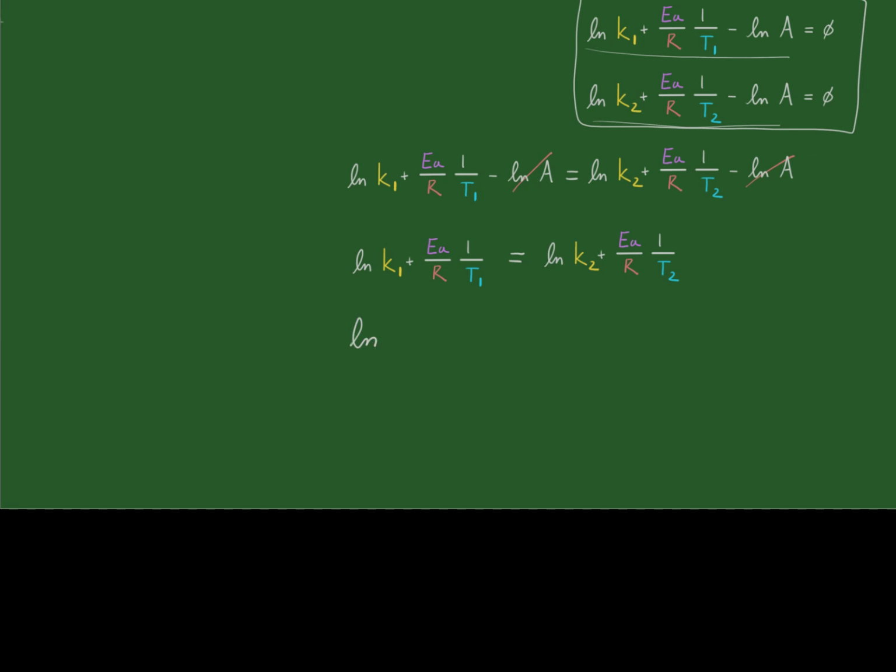That means shuffling some things along, so I will rewrite this bit, and then minus ln K2 plus, and I will do this step by step, this component here, copy-paste, equals whatever is left on the right-hand side, and that is this component here, copy-paste.